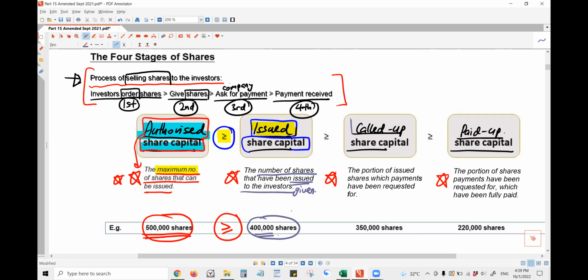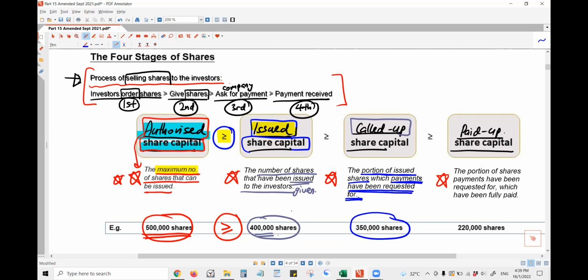Followed by the next term, call up share capital. Call up share capital means this portion of shares have been asked to make payment. People who have bought this portion of shares, the company has called them up to make payment. So we read this as the portion of issued shares for which payments have been requested.